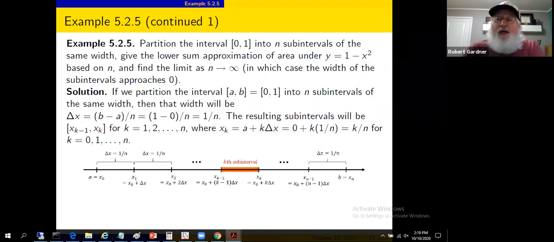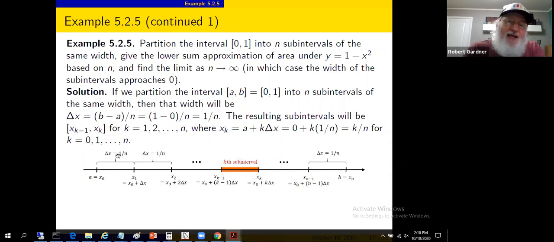What are the resulting subintervals? Well, those will be, I claim, x sub k equals a plus k delta x, where delta x is this 1 over n parameter. Let's see if I can convince you of that. So we're taking, here's x sub 0, x sub 1, x sub 2, and so forth. This image isn't in the book. I made this one. It looks like the one in the book, though, by design.